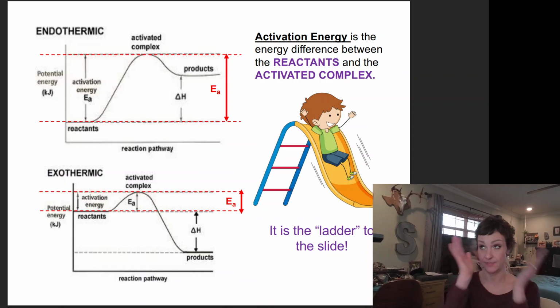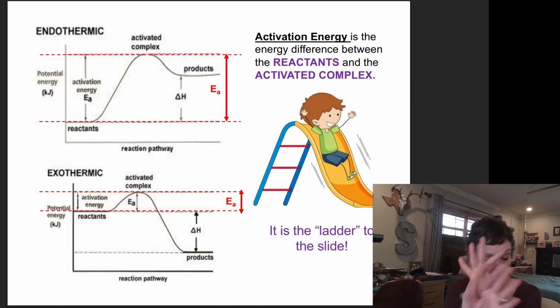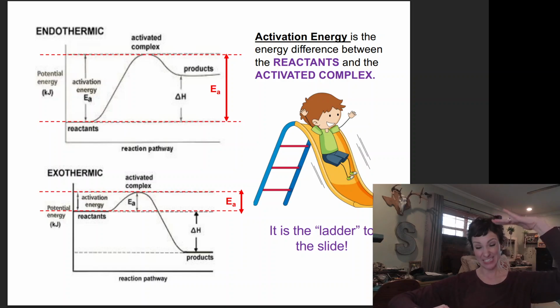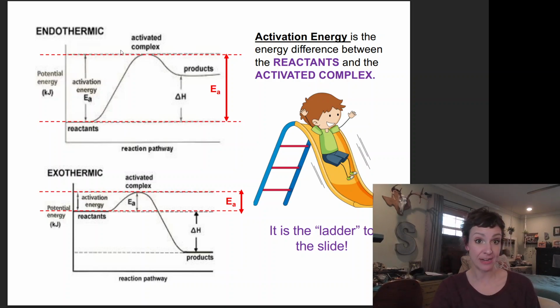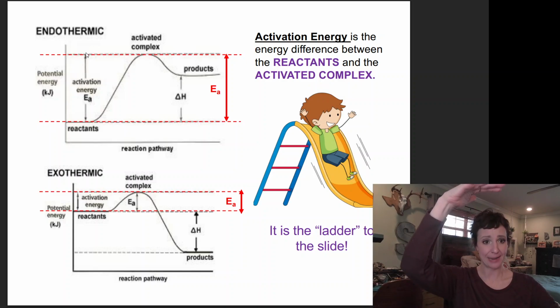So when I think activation energy, I'm like, oh my gosh, how am I supposed to remember all these parts of the slide? Activation energy is just the ladder, you guys, okay? It is the difference between the reactants, meaning the ground, before you even scale the ladder, and the activated complex, meaning the top of the slide. That is the ladder, you guys. In an endothermic reaction, it looks like that activation energy, or the distance from the reactants to the top of the slide, is pretty large, right?